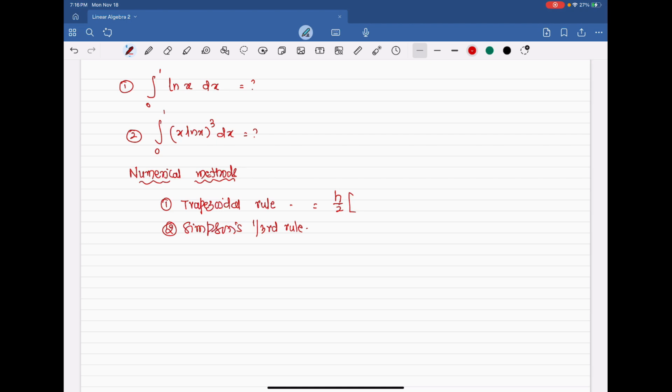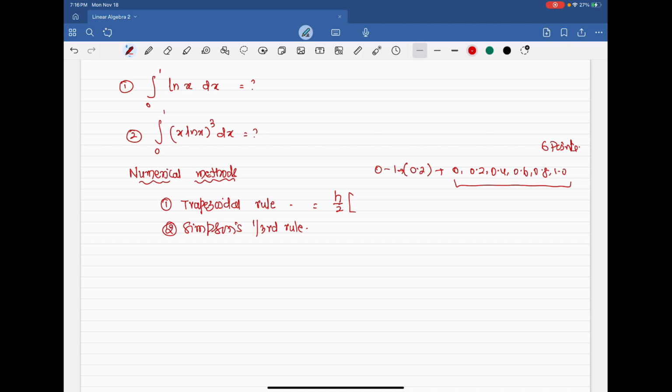In that case, 0 to 1 with 0.2 partition, we will get 0, 0.2, 0.4, 0.6, 0.8 and 1.0. How many are here? 1, 2, 3, 4, 5, 6. 6 points are there, for some function.